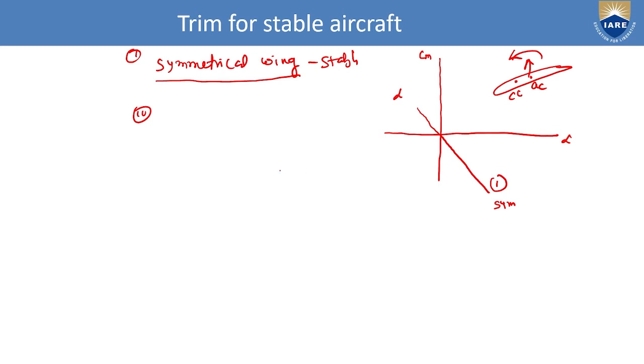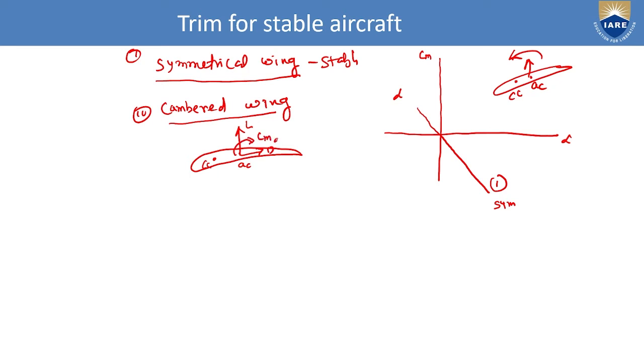Another case, if you see for the cambered airfoil, for the cambered wing, what will happen? If it is a cambered wing, just I will show here, here is the CG, and this is the AC, this will be a lift, this will be the drag, and there will be a CMAC, but this CMAC is always negative.